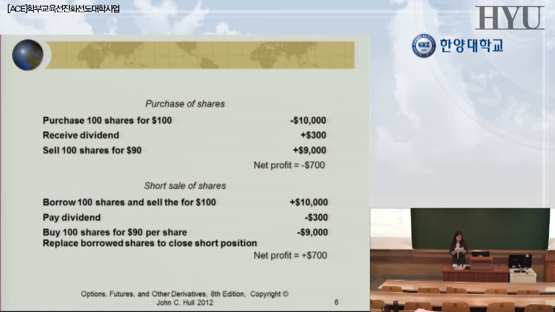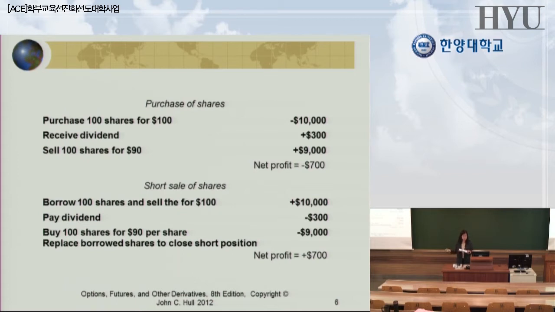However, when short selling, from borrowing 100 shares and selling them for $100, we get $10,000, and we have to pay dividends, so we pay $300. 3 months later we buy 100 shares for $90 per share, so we pay $9,000 and replace the borrowed shares to close the short position.